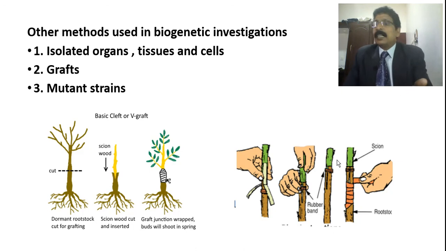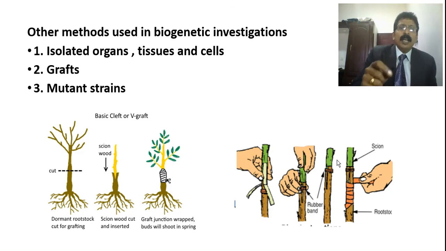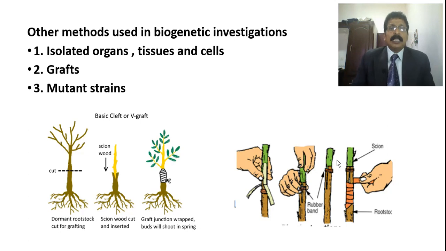So this is a picture just to show you. You can see how a stem is cut and that particular scion wood is inserted, grafted in another plant, and you will get a new one. A hybrid variety or new varieties can be prepared.